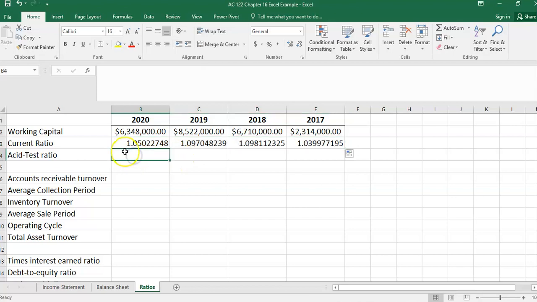The acid test ratio, which is also called the quick ratio, uses quick assets instead of current assets. For the acid test ratio, this is cash and cash equivalents plus accounts receivable divided by current liabilities. What it does is it removes any prepaid assets and inventory from the current calculation.